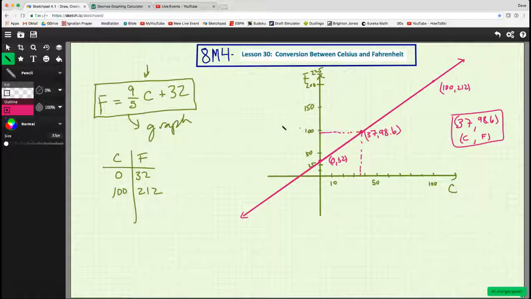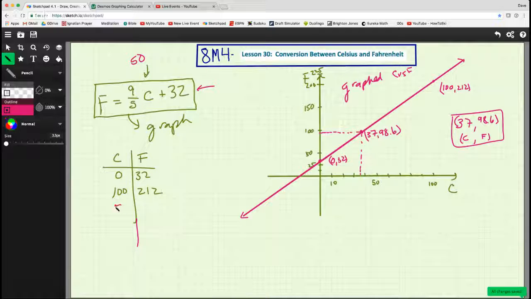And so we have developed the graph. We have graphed C versus F, and we've gotten the equation that connects how we convert any temperature in Celsius to Fahrenheit. So now if I told you in Celsius, I have a temperature of 50, what is the temperature in Fahrenheit?